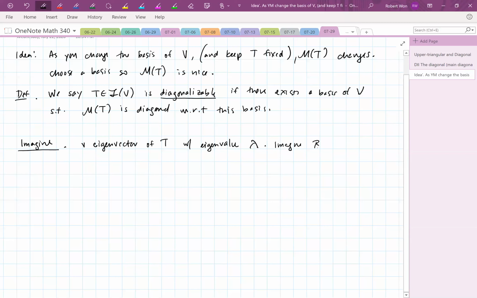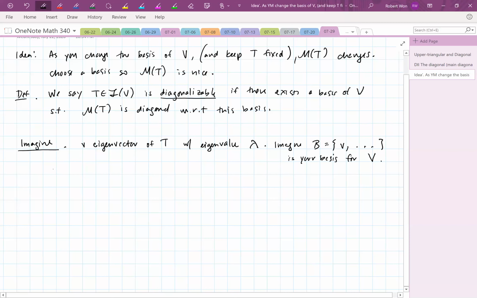We know that we can start any basis with any linearly independent set of vectors, and since v is an eigenvector, that means it's non-zero. So you can start the basis with v if you want.